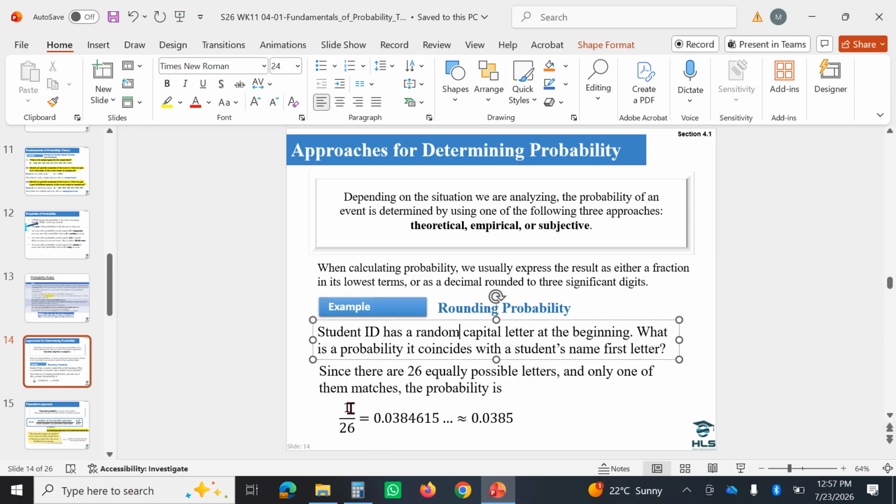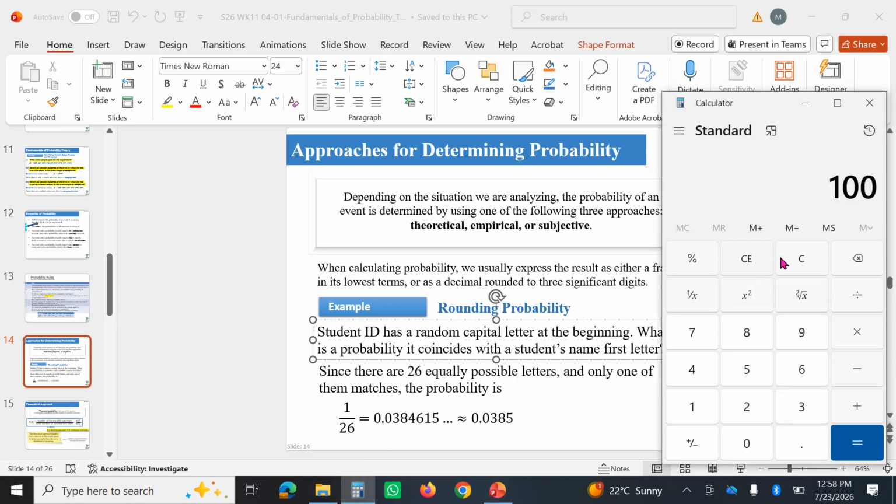Imagine 26 letters in a bag that you can't see. You stick your hand in and pull out a letter. What's the probability of choosing the particular letter you want? It's 1 divided by 26.